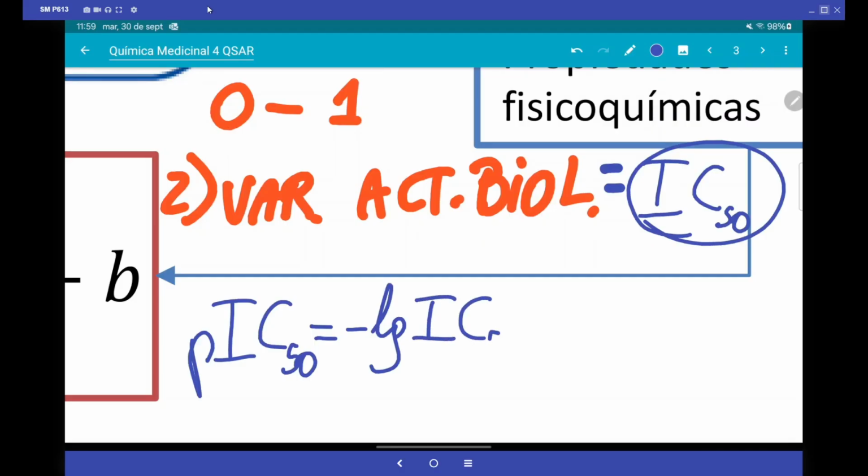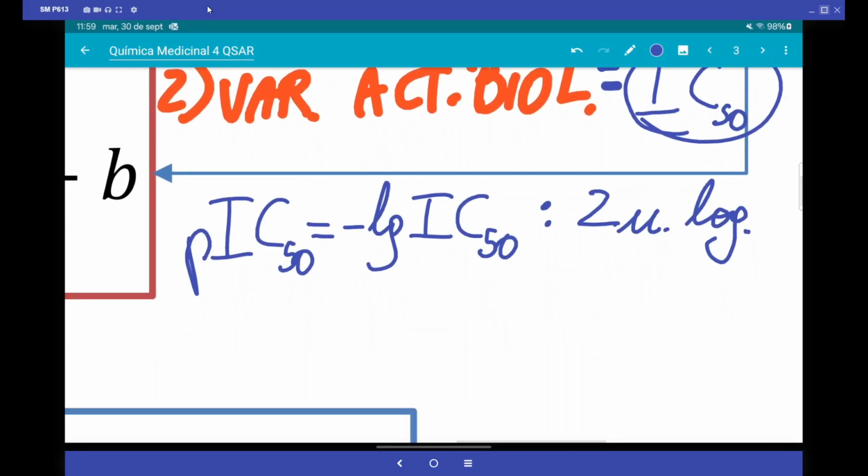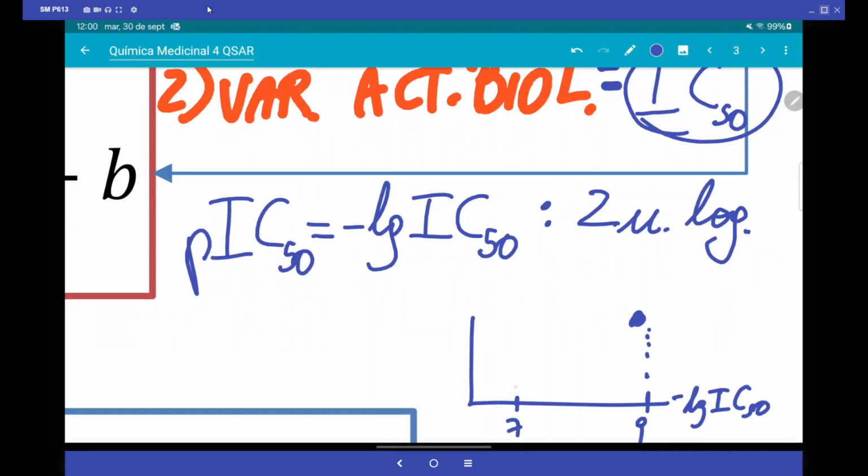But here to answer the question, that is the negative logarithm. We need a variability of IC50 of 2 logarithmic units. That is, if I have a graph here, and the maximum, for example, the negative logarithm of IC50 or pIC50, if the maximum value is 9, the minimum I would have to have is 2 units below, and in between all the dispersion of values.